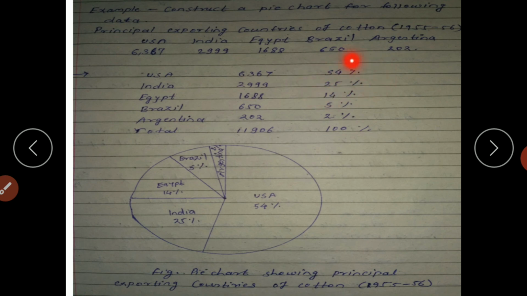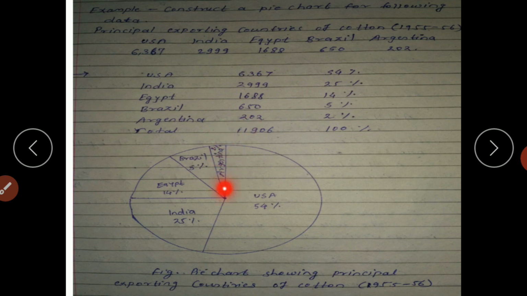After getting these values, now we have to put these values into this circle. So how can we put these values? Simply, we have a circle that consists of 360 degrees, and now we have a total percentage, that is 100%. So 360 divided by 100 is 3.6 degrees.